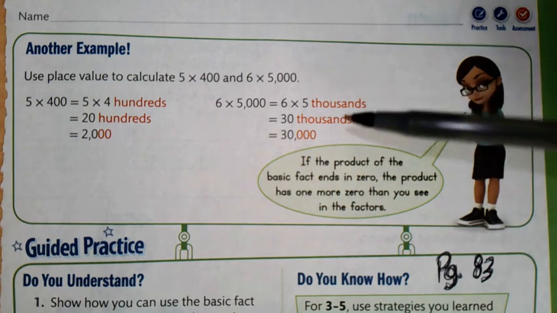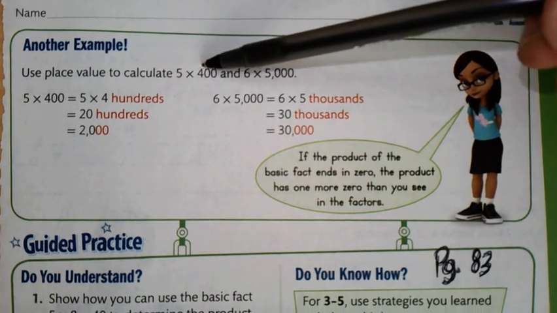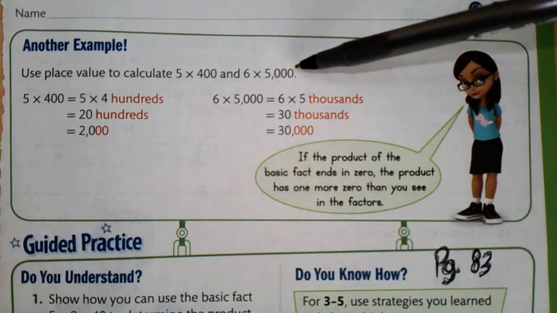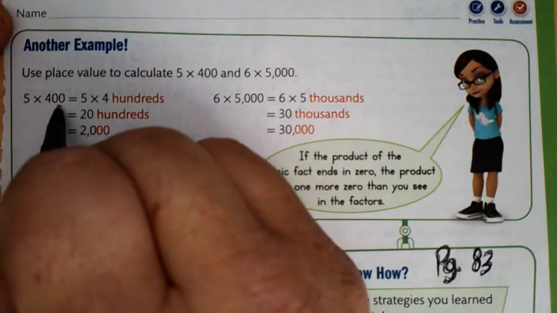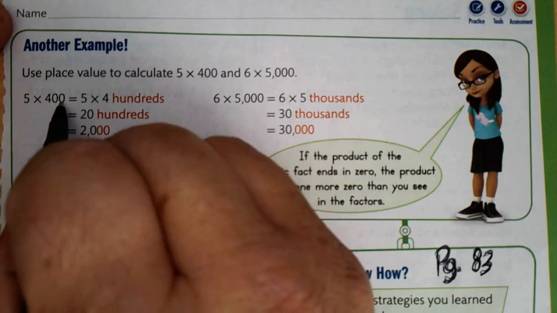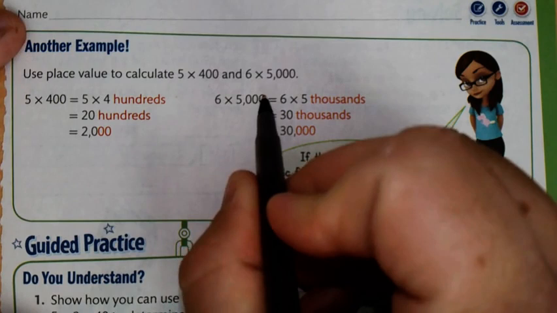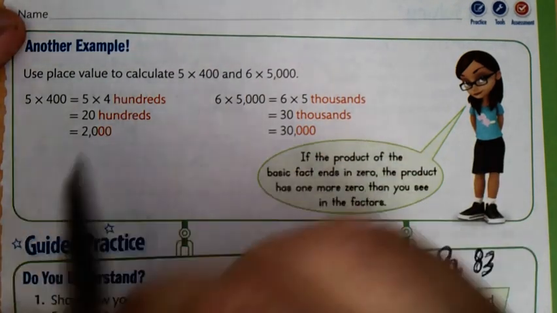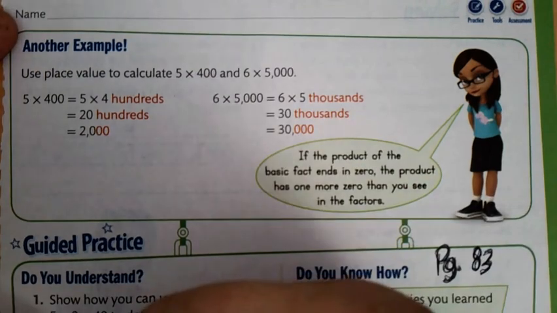All right. So up here it says use place value to calculate 5 times 400 and 6 times 5,000. So what we're really saying here is in these problems that end with 0, if we have these zeros at the end of our multiplication problem, what we can really do is just ignore it for a moment and then bring it back around at the end.